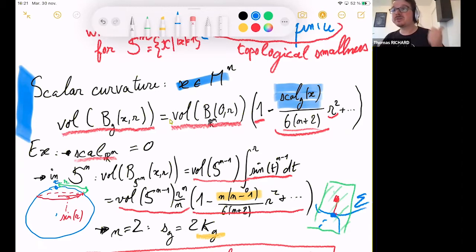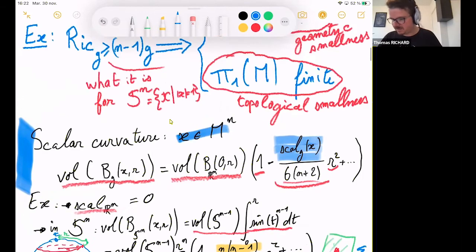This is really an expansion for r going to 0. It will not tell you that for, I don't know, r equal 10 to the power minus 6, your ball will have a definite defect in volume from the Euclidean case. So you cannot really integrate this asymptotic expansion for r small.